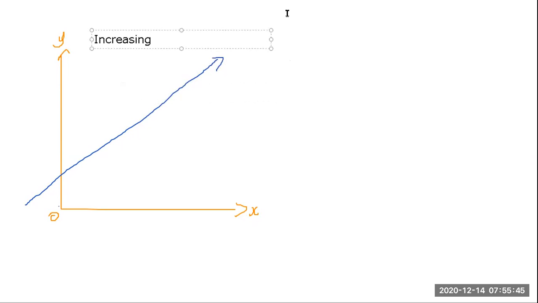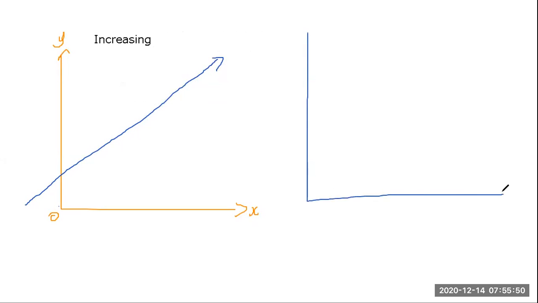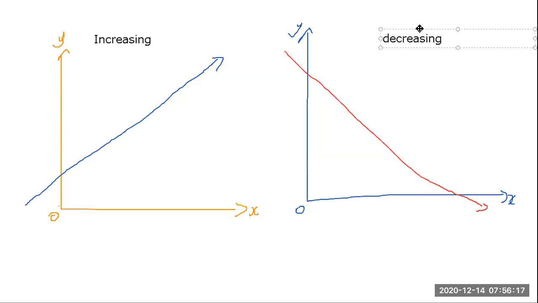Now let's look at a decreasing graph. I'm going to label my graphs. Let's use a different color. So this one turns out to be decreasing. There it is. Let's make this a capital D.